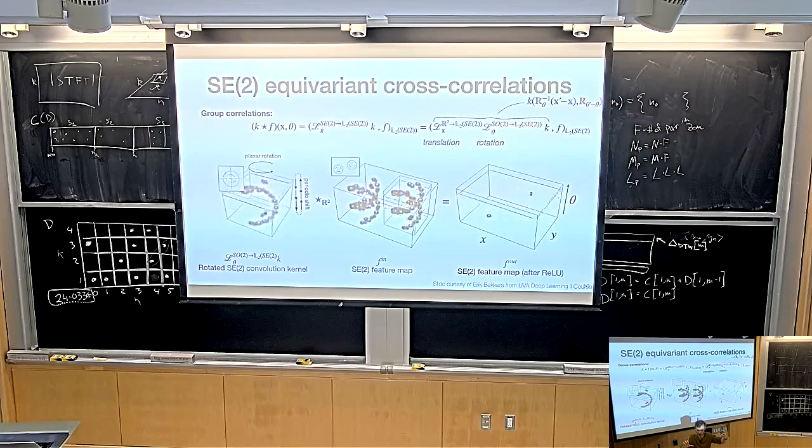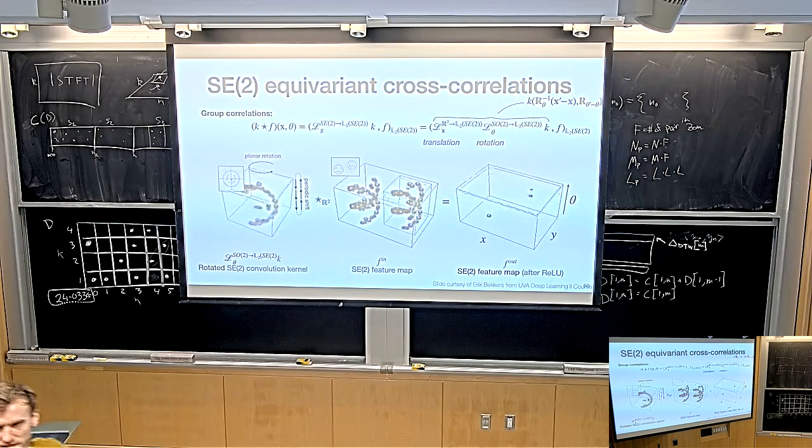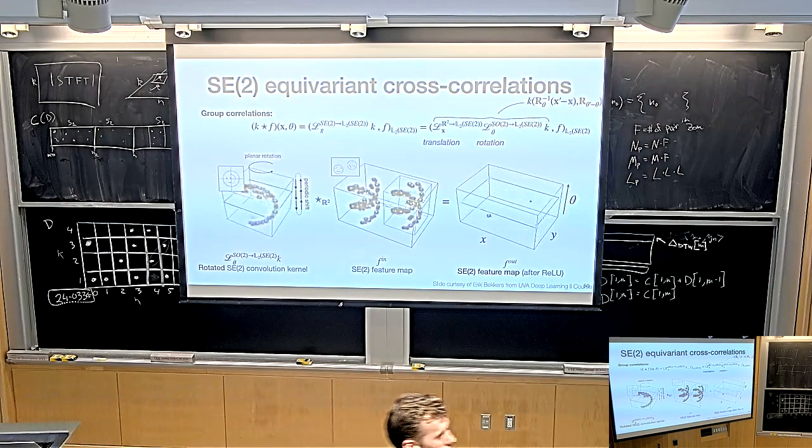In the output of the convolution, you would expect two peaks, which is exactly where the kernel matches the smiley twice, right? And now we almost expect the same thing. It's just that now we also have this rotation dimension. So we also expect two peaks, but we expect the two peaks to be at exactly these two spots here. One peak at the smiley with this rotation here, and one peak at the smiley with this rotation here. Does that make sense? Questions? Okay, good.